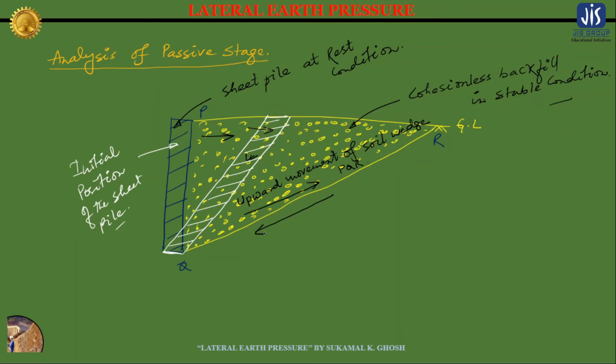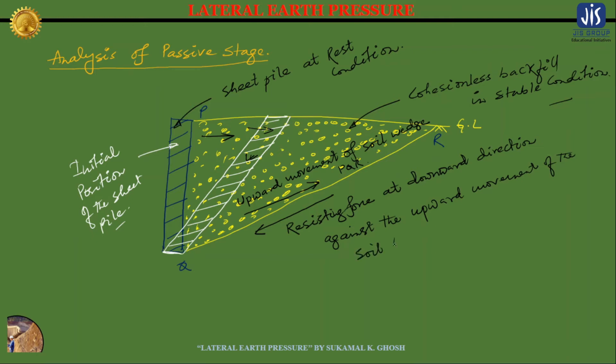So this is the resisting force in downward direction against the upward movement of the soil wedge.